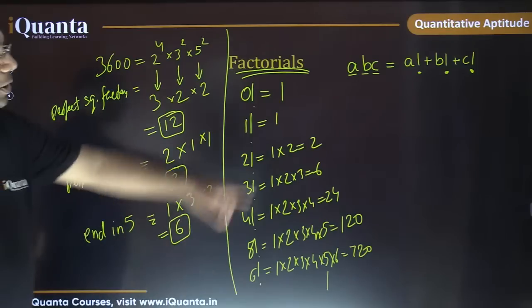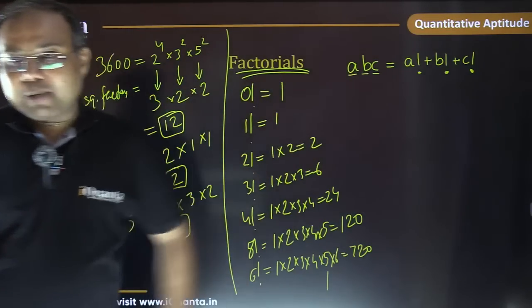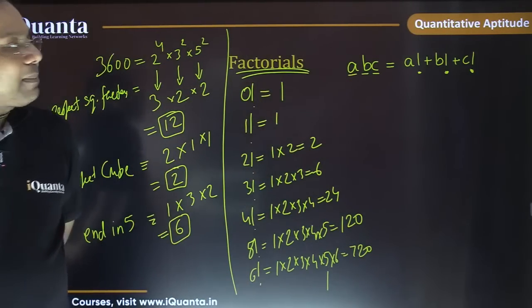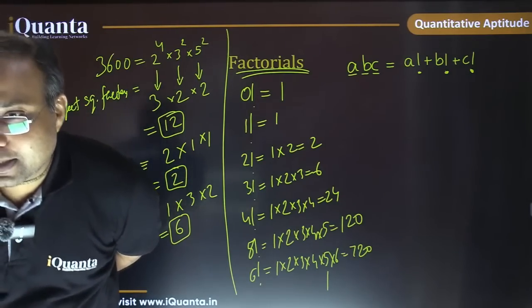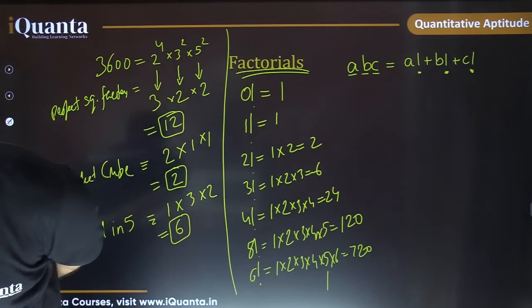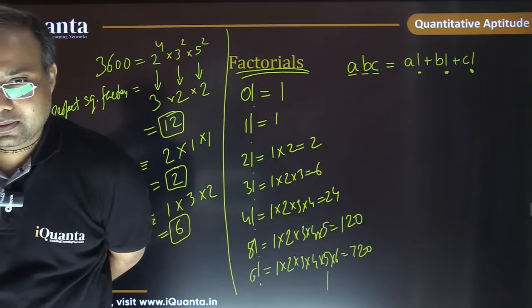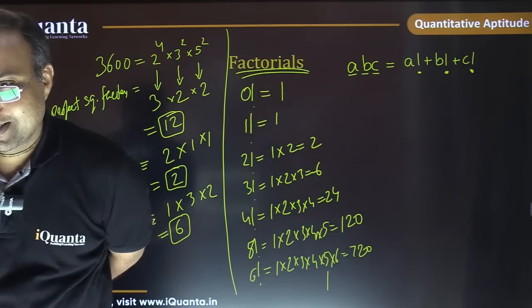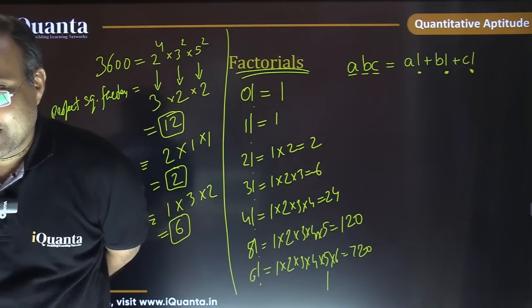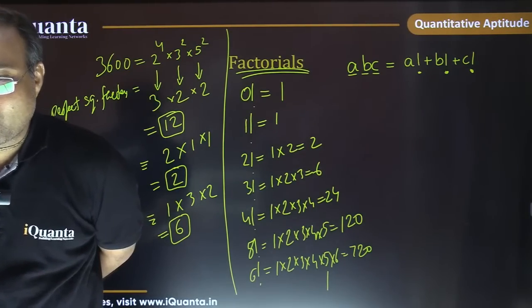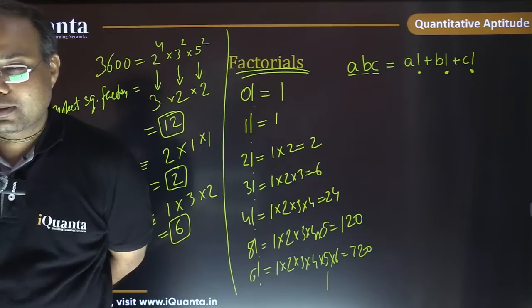Okay, answer this question now. This 3-digit number ABC is equal to the sum of the factorials of its own digits. Okay, Khushi Agrawal has already given the answer. Nice. Mahi, have you solved it or you have verified Khushi's answer?